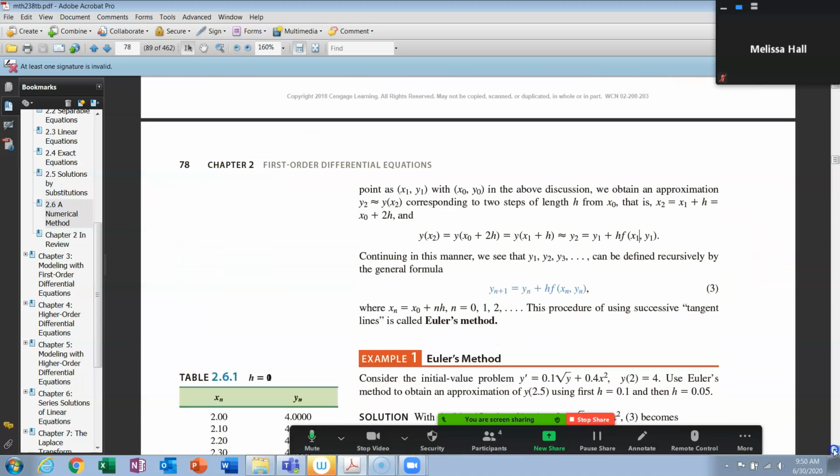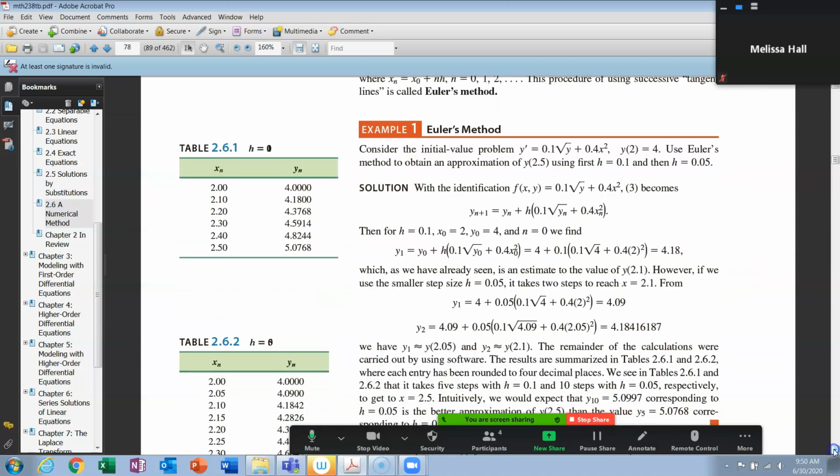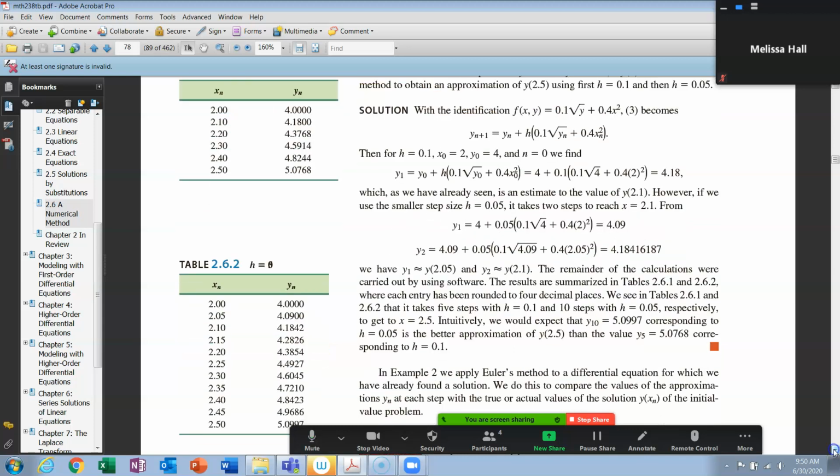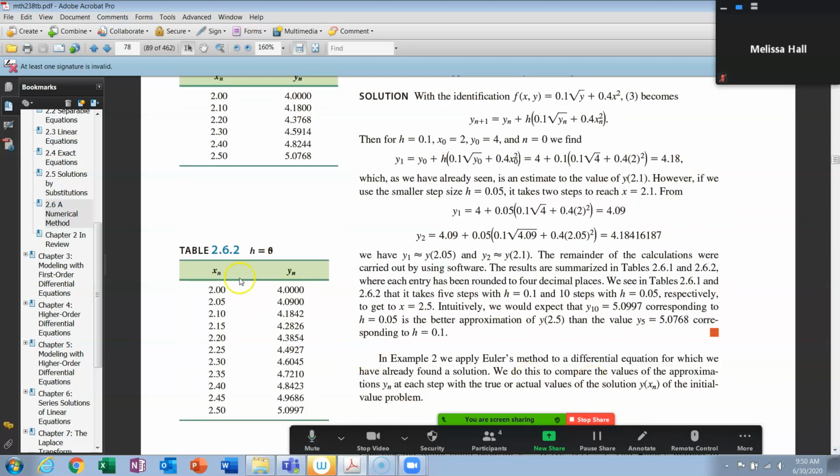And that's why this one at 2.1 gets you closer to the curve. And then at 2.2, this was 4.3768. At 2.2 is 4.3854. That's closer to the curve. It's still not on the curve, but it's closer. 2.3 was 4.6045.